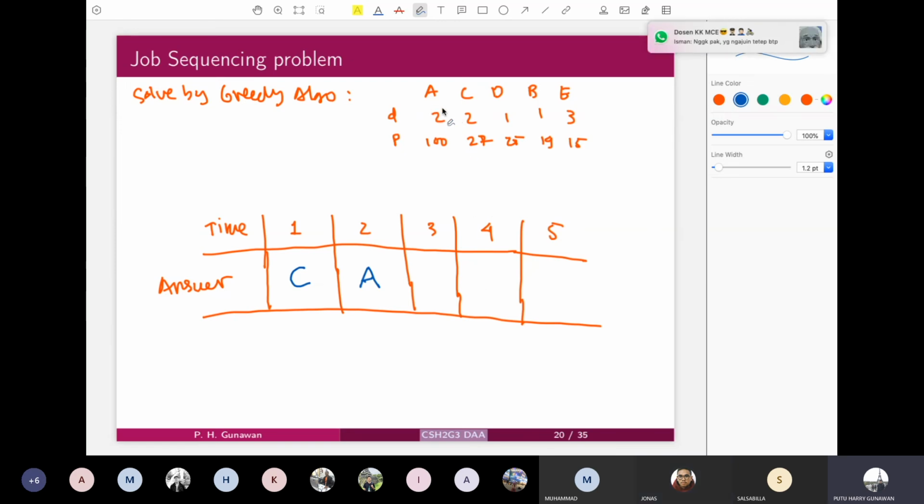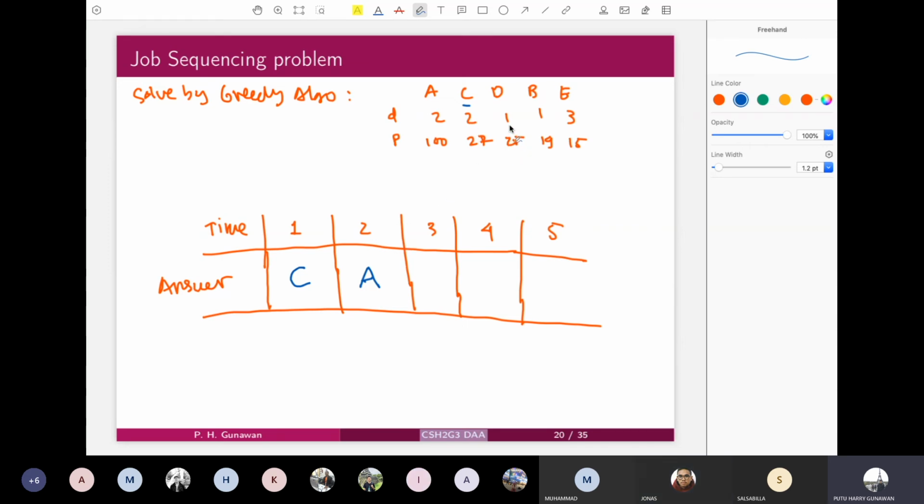That means you can actually solve both homeworks: you solve C first and A second. That's why you can solve C in this one, since the deadline is 2.